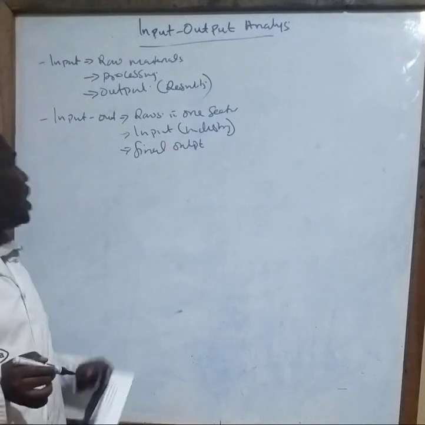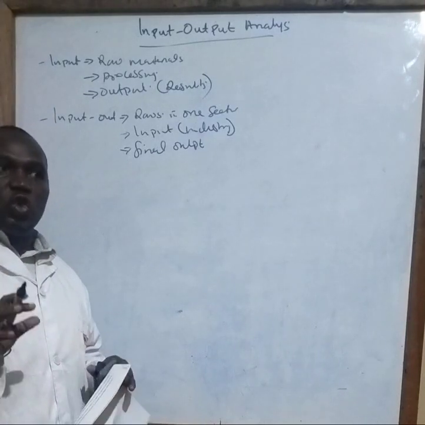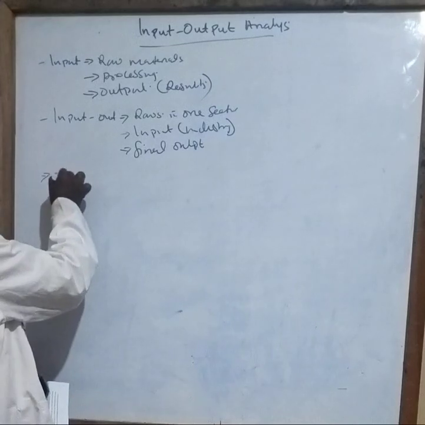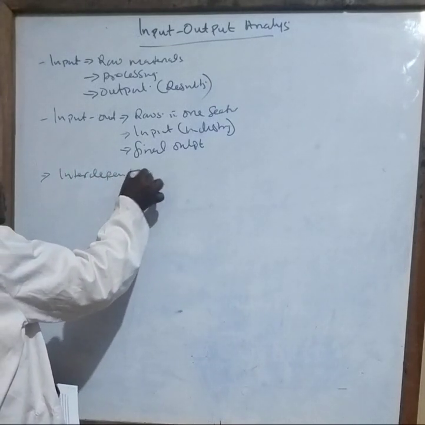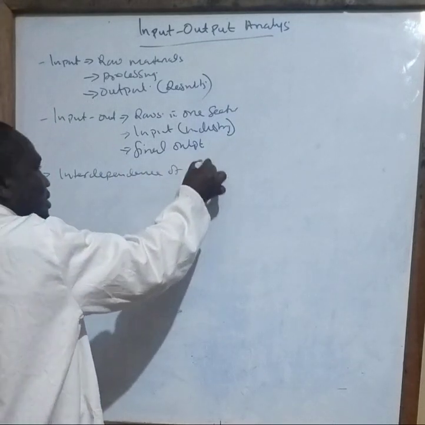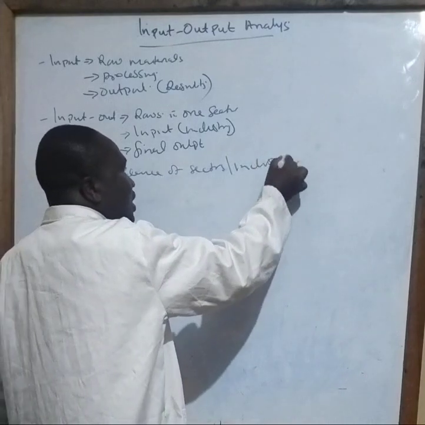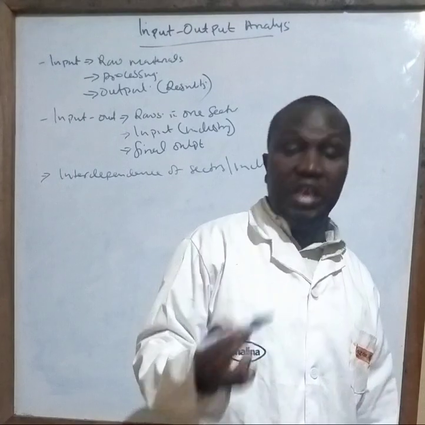So therefore, input-output analysis is a model used mainly to show the interrelationship and interdependence of sectors or industries. It means that one industry does not stand on its own.